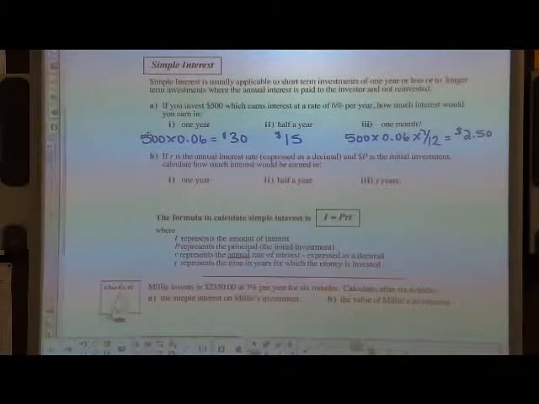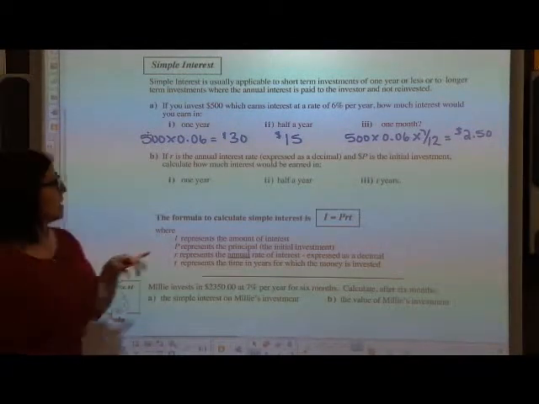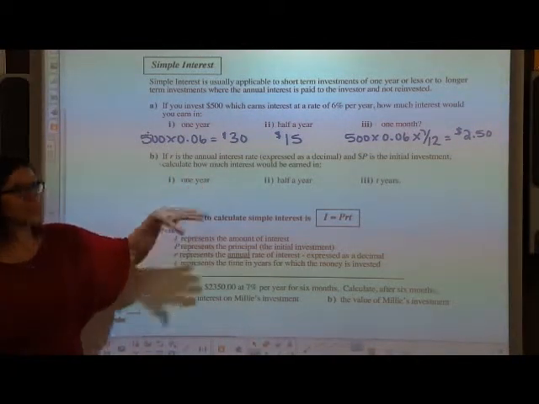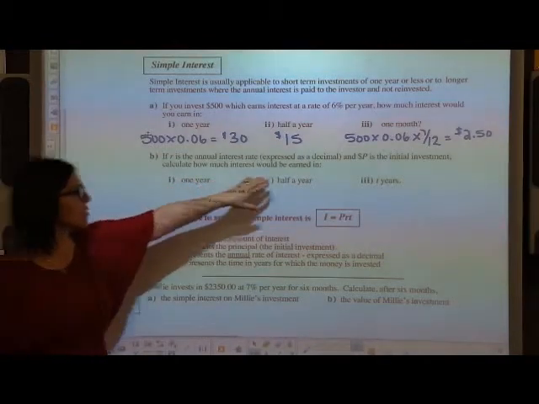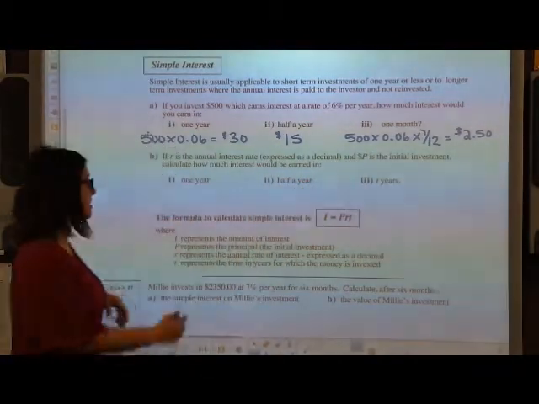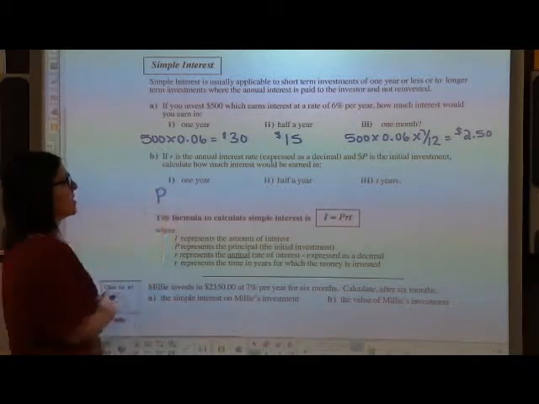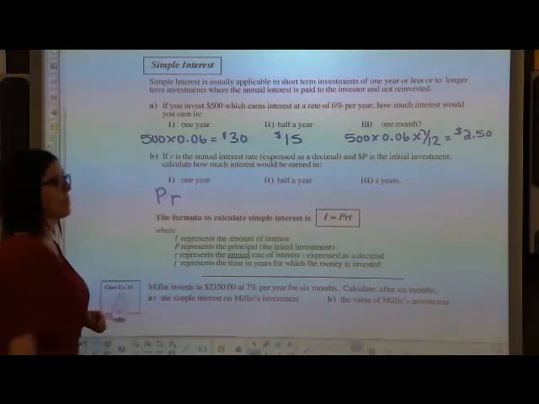Suppose that R is my interest rate expressed as a decimal, and P dollars is the initial investment. To calculate the amount of interest that I would earn in 1 year, I would take that P dollars, which was my 500, and multiply it by my interest rate.